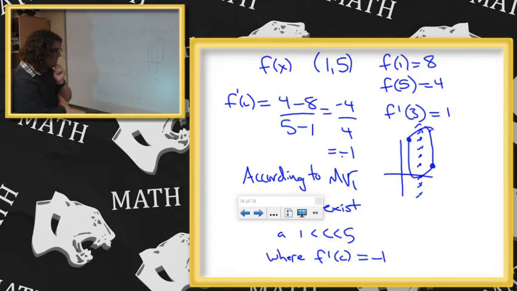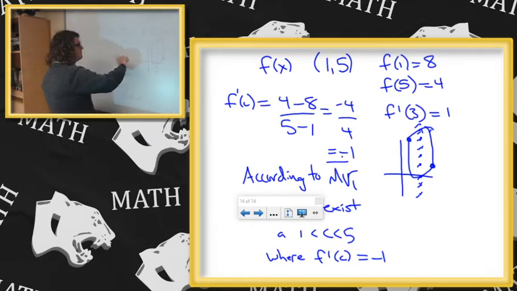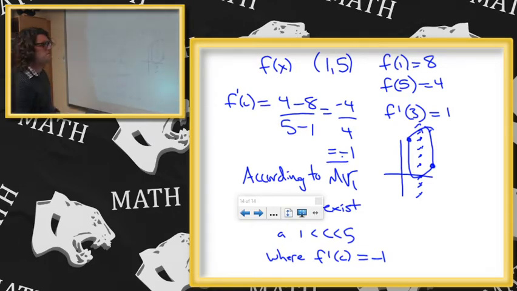So I think that means that you could do intermediate value theorem for the derivative and say that since you have a -1 and a +1 for your derivative, according to the intermediate value theorem, because the derivative is a continuous function, then there has to exist a place in between those two where the derivative is 0.